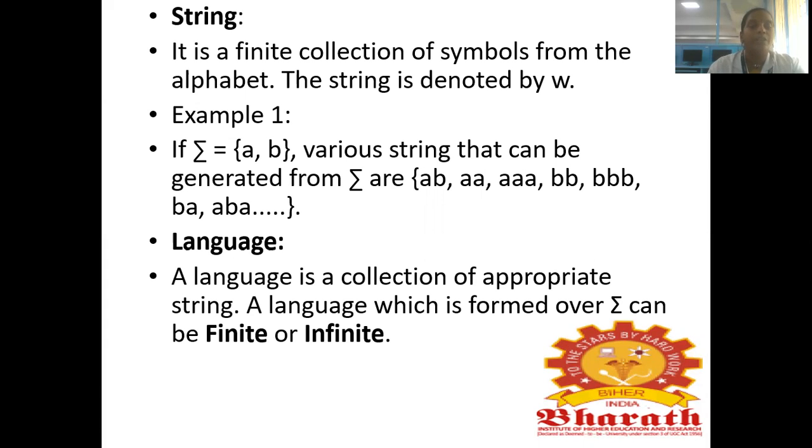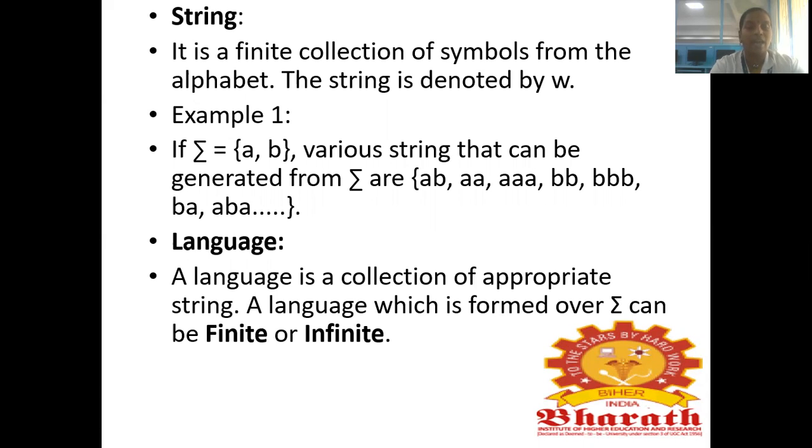For example, if sigma equal to {a, b}, various strings can be generated from sigma equal to {a, b}: a, aa, aaa, b, bbb, and so on. So a is a single alphabet, aa is a double alphabet, and aaa is a triple alphabet. That is the strings concept.